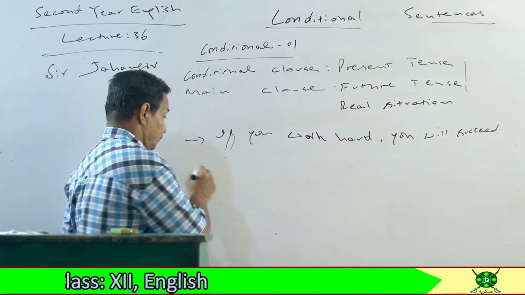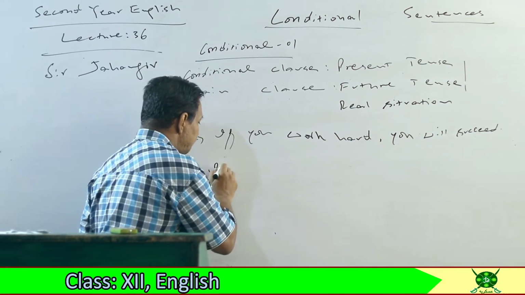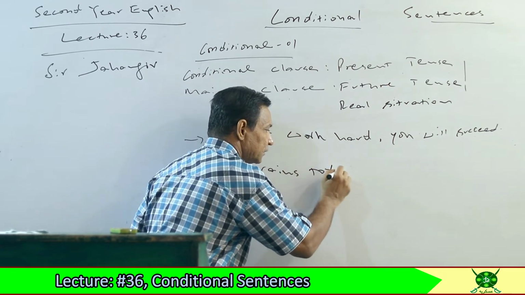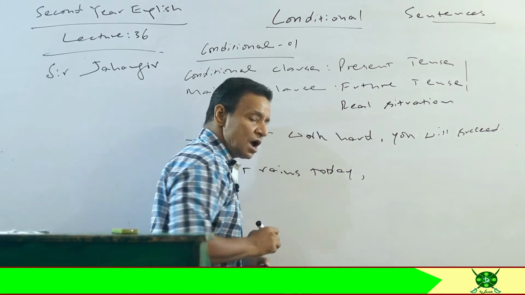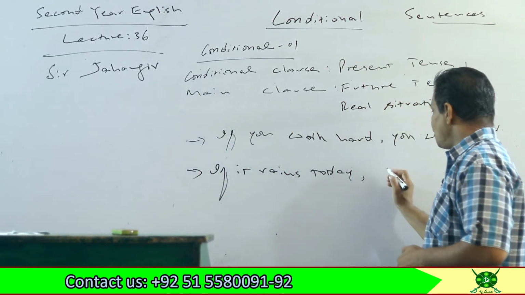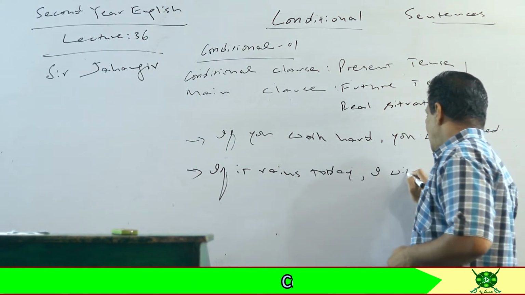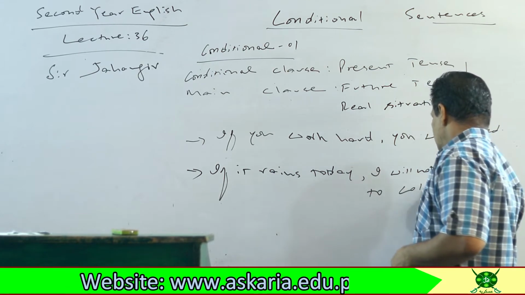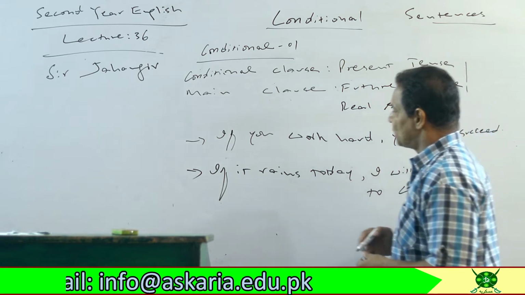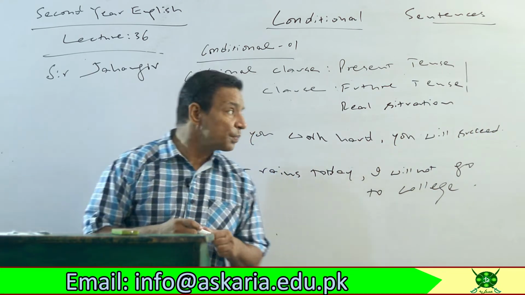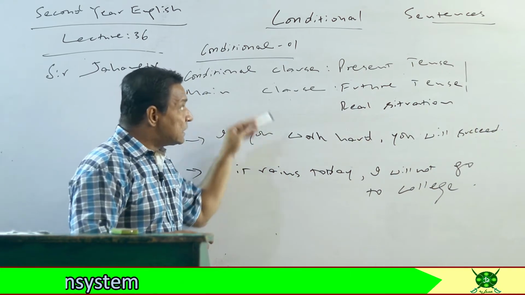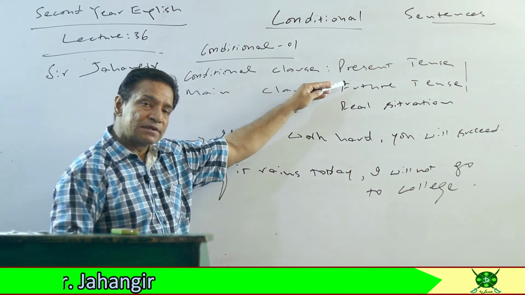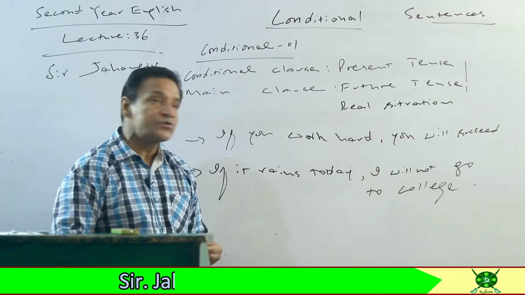More examples: if it rains today, I will not go to college. So this is the first type of conditional sentence, where your conditional clause is in present tense and the main clause in future tense.